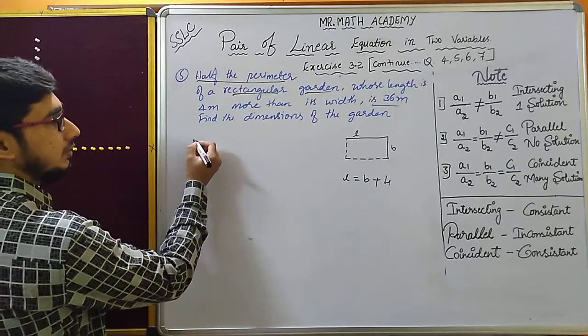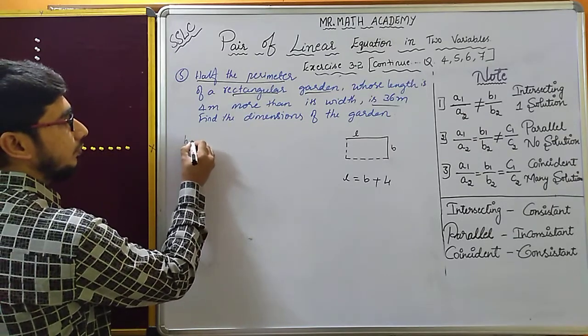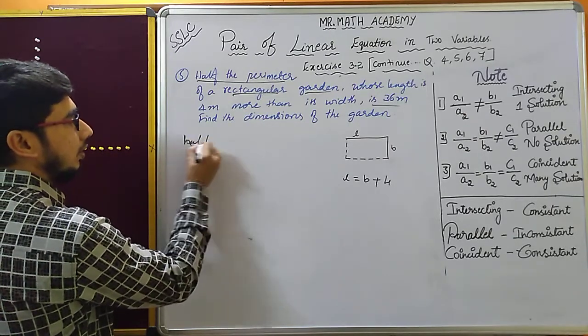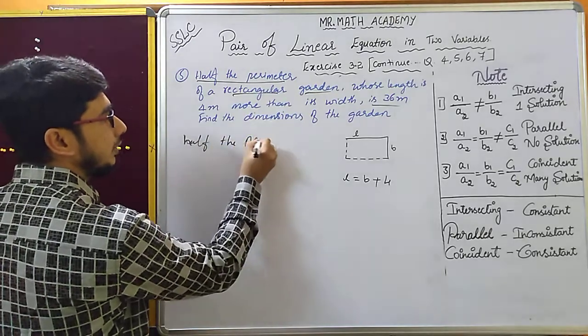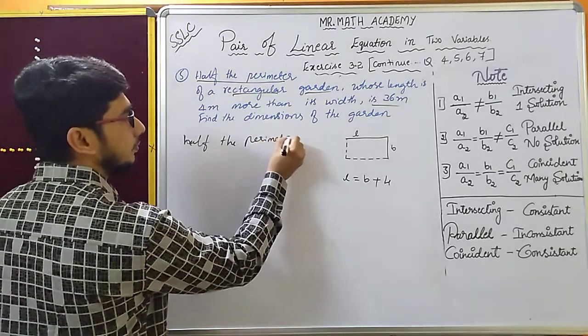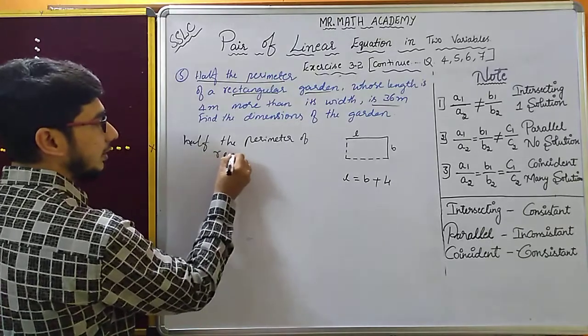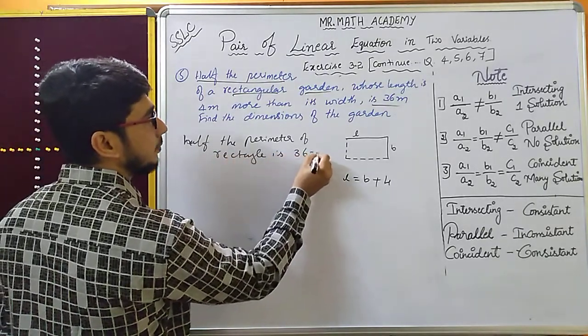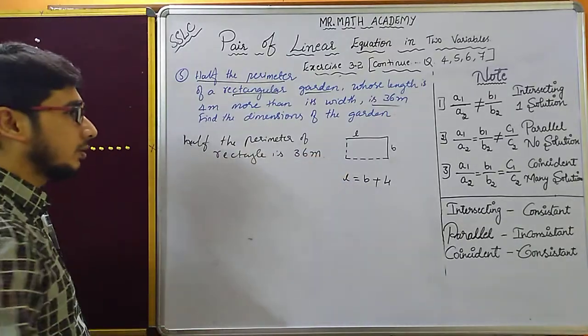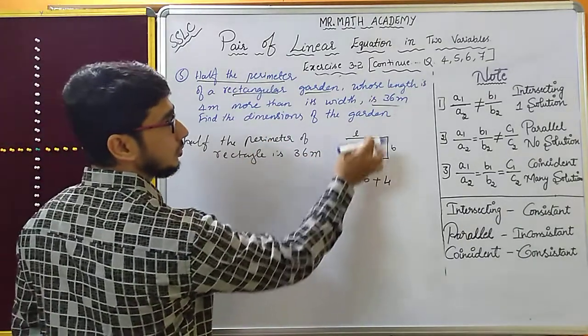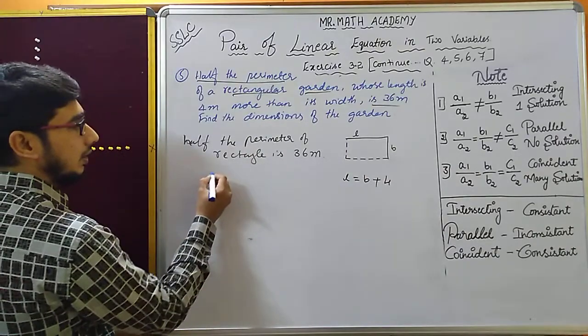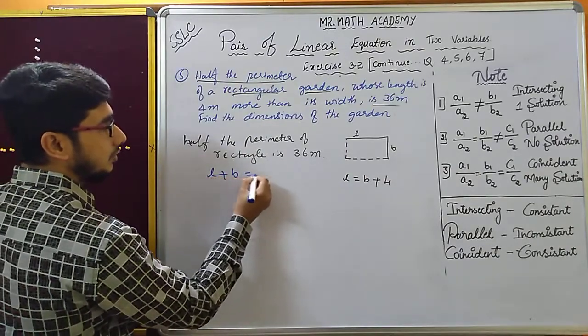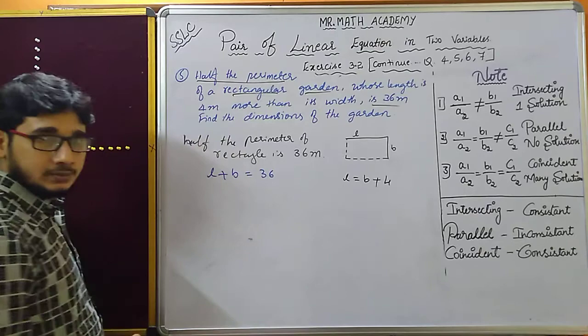Half the perimeter of the rectangle is 36 meter, which means length plus breadth is equal to 36.